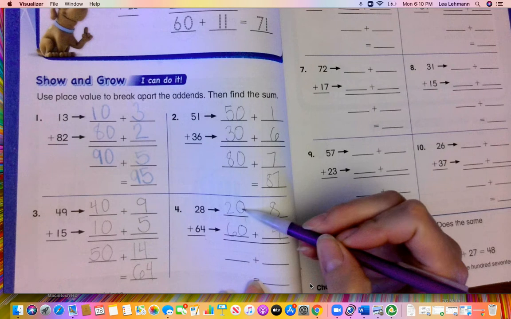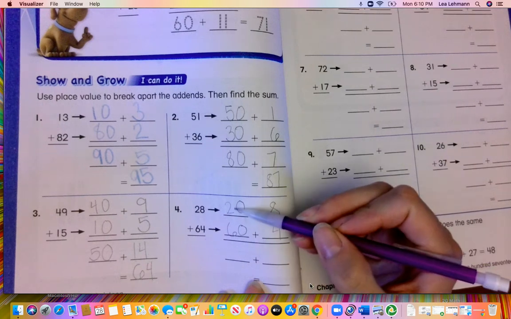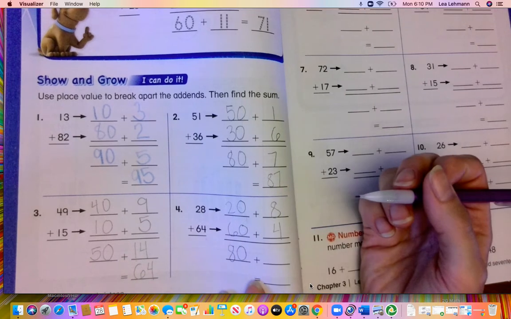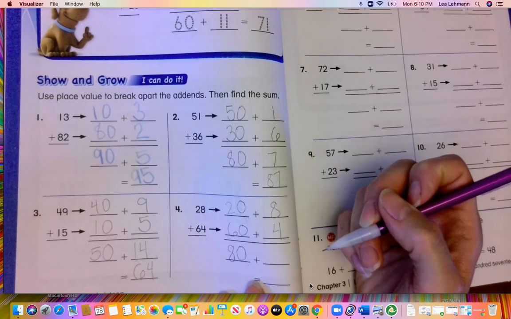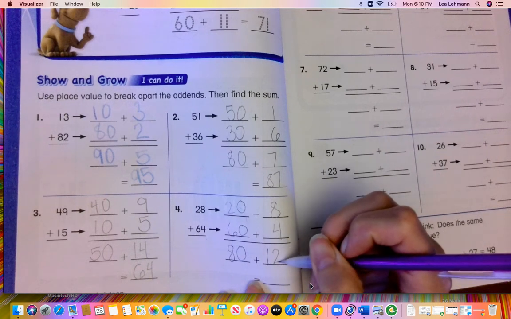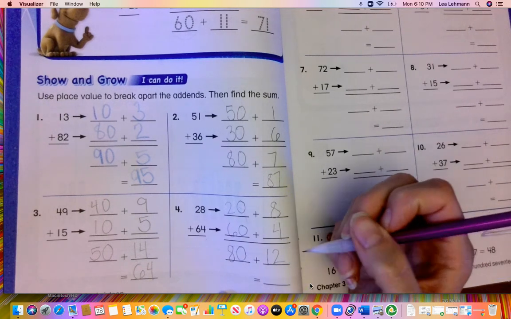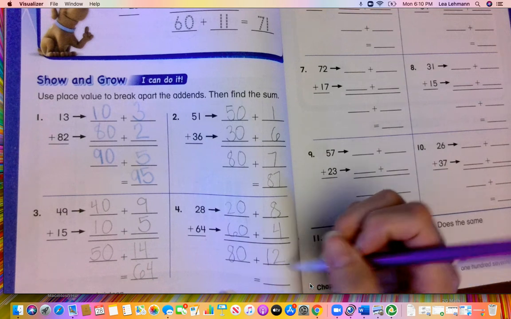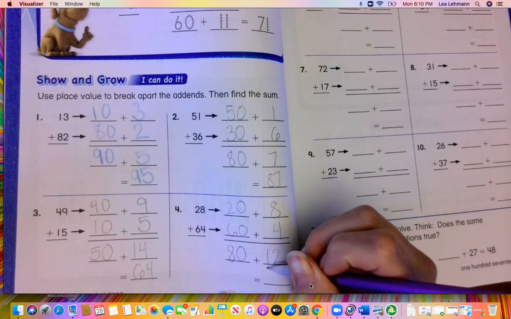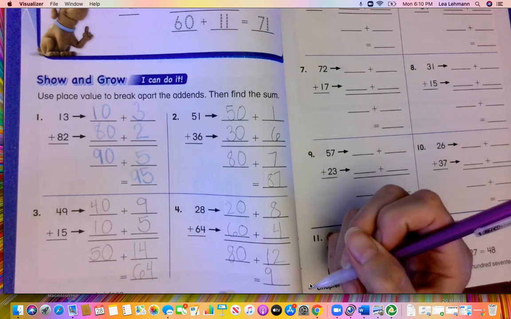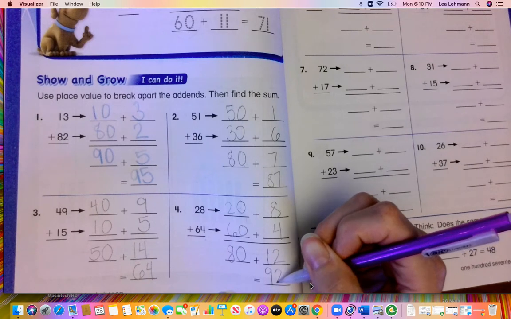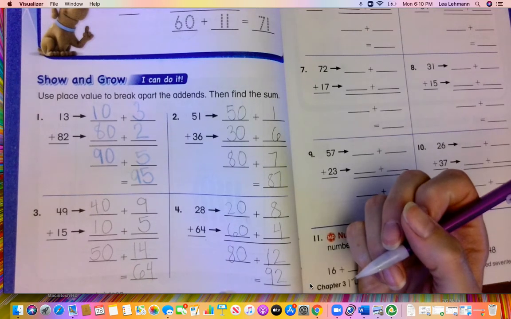Okay, so look at your 20 and your 60 together. 20 and 60 together is 80. Your 8 and 4 together is 12. And now this one again is 80 plus 12. So it's like 80 and 10. You know it's going to be 90. And then your 0 and your 2 is 2, so 92.